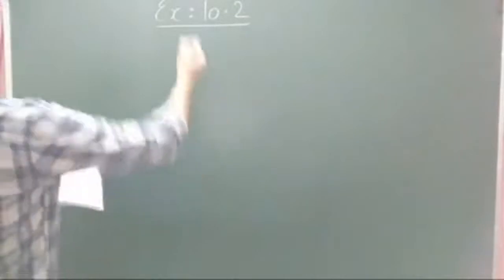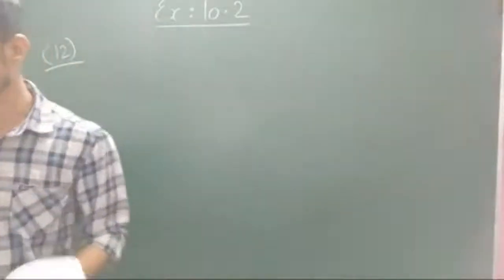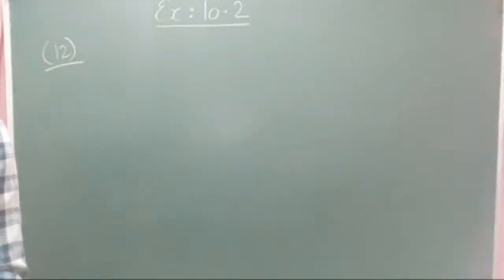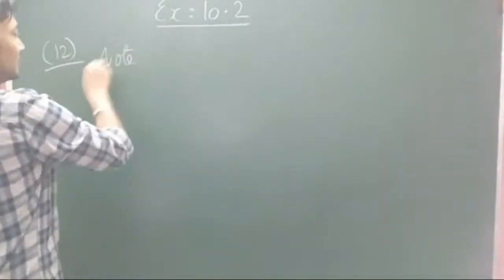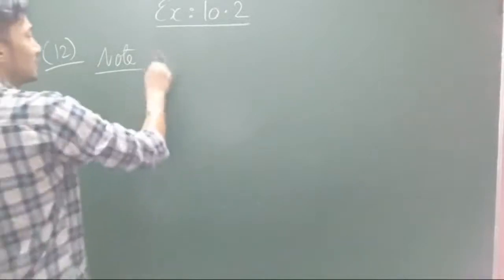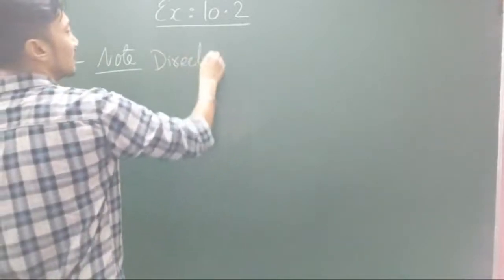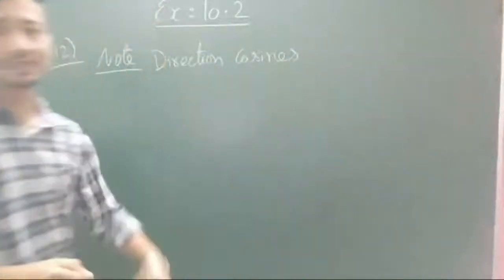So next question, of course, number 12. Find the direction cosines of the given vector. You can write another note there. This is another short, direct way to find out. We can write down direction cosines. There are other ways to find out also, but this would be the easiest way.